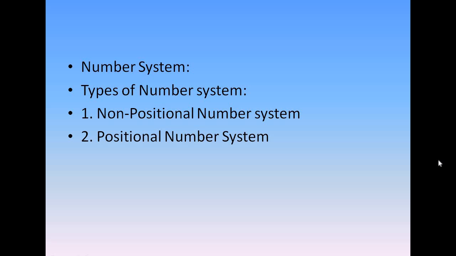What is a non-positional number system? The non-positional number systems do not involve the weight corresponding to each position of a digit in the number. Roman number system is its common example.